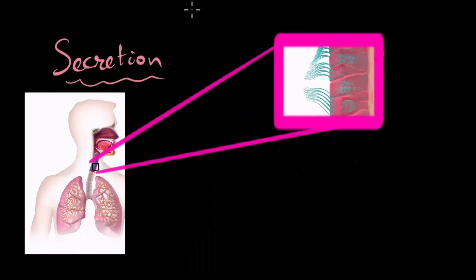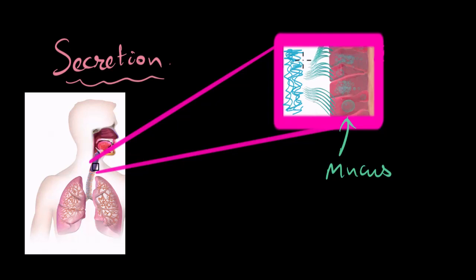If you zoom into the wall of the windpipe, this is what you'll see. You'll see these columnar epithelial cells that produce a substance called mucus. So you'll have mucus lining the walls of our windpipe, and usually we are not very fond of mucus in real life, and it only becomes relevant when we have a cough or a cold.